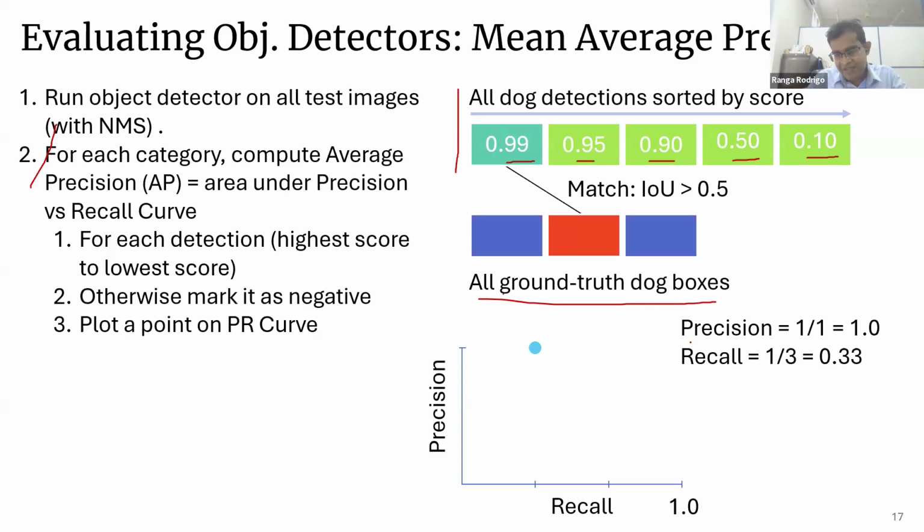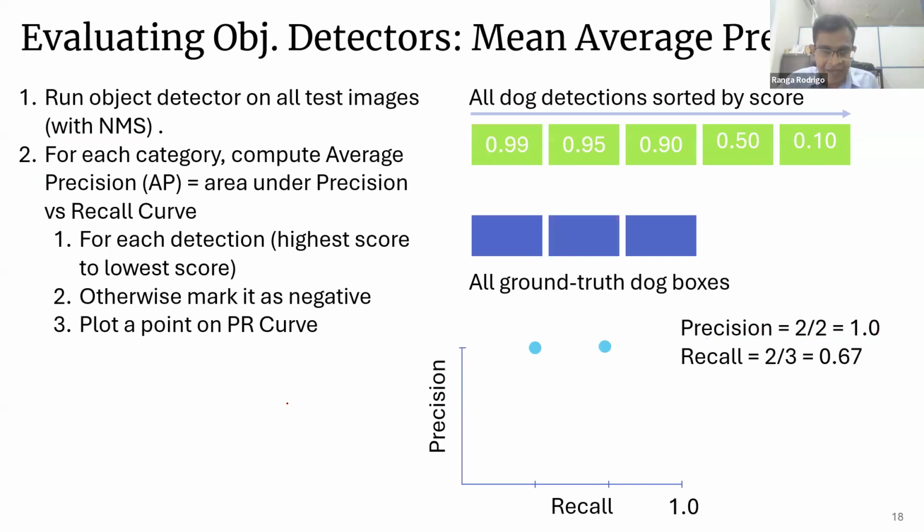So precision is 1/1: out of the one that we detected, it is correct. Recall means, out of the three actual dogs in the image, we have detected only one, so the recall is 0.33. So we plot a point here: 0.33 recall, precision 1.